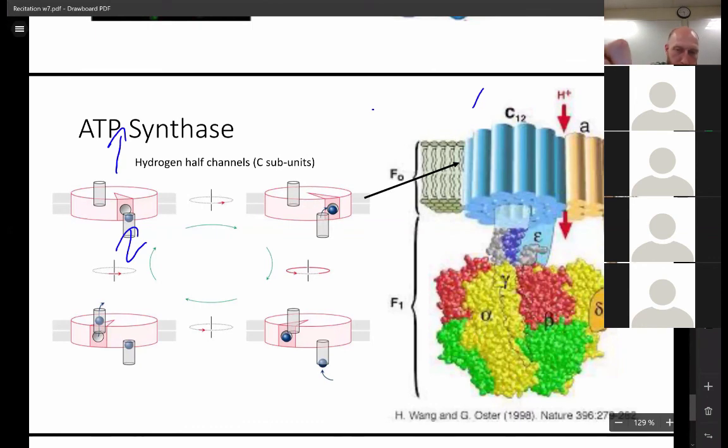Then that rotates, but it doesn't rotate towards the other hole. It rotates the other direction, the further direction around. And so you can get multiple hydrogens in this ring, and you can constantly cause the motor domain to rotate.